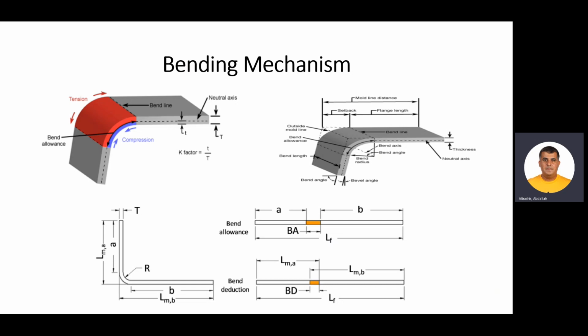Tension makes elongation, compression makes a reduction in height. So as a total, that would be an angular deformation. Here we see the angle, the bend radius, the bend allowance, the bend deduction, and other parameters.